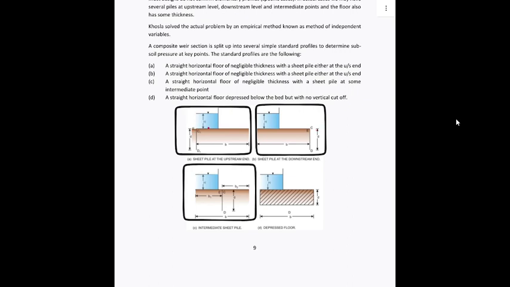So in the upstream part, the pressures are 100% of the calculable value. That is where the hydraulic head is maximum. It is minimum at the exit.